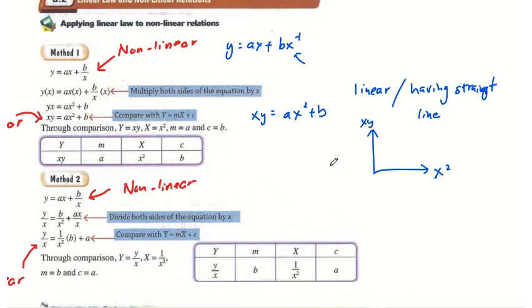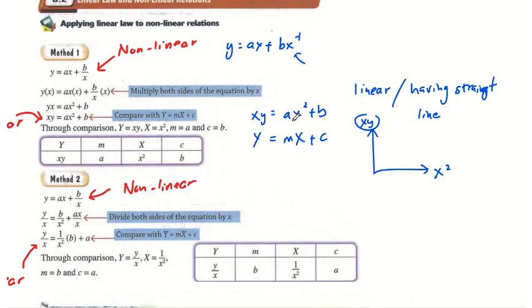Okay, and the gradient will be equal to a, and the y-intercept is equal to b. If we compare with the linear equation y equal to mx plus c, the y part is together with x, so it is xy.